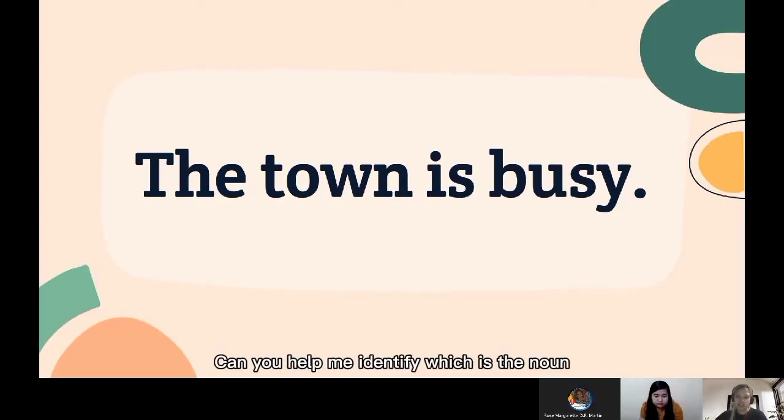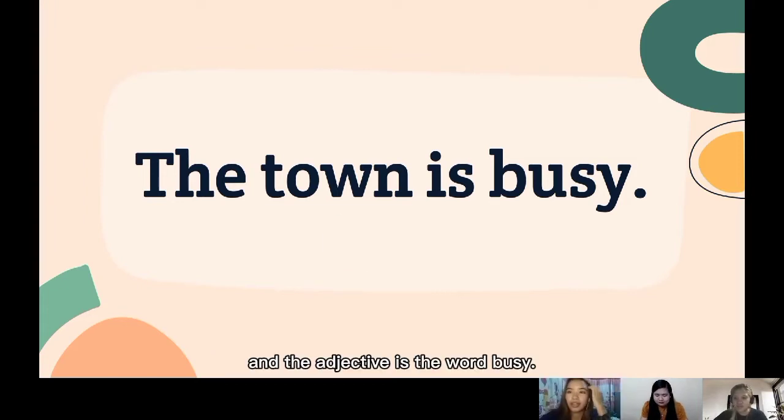Can you help me identify which is the noun and the adjective in the sentence, Miss Rose? The noun in this sentence is the word town, and the adjective is the word busy.